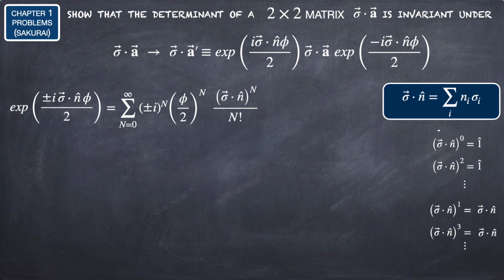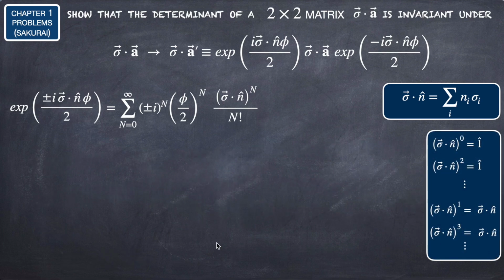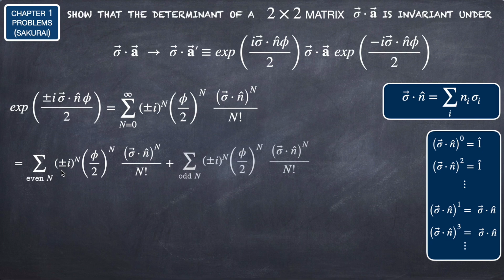Let's keep this result here, and then we can write this as two summations. I'm going to repeat this argument, but now I'm going to distinguish between two summations. The first one is a summation over even values of n, and the other one is over odd values of n.